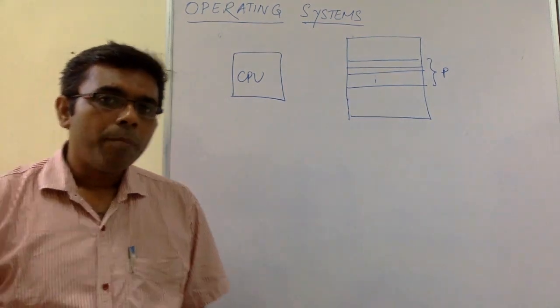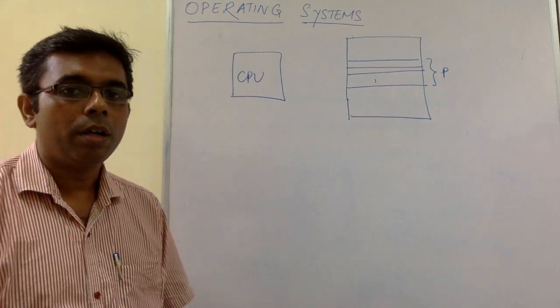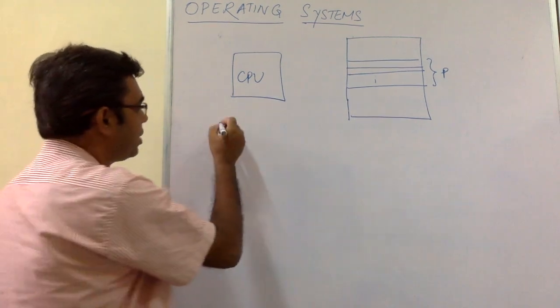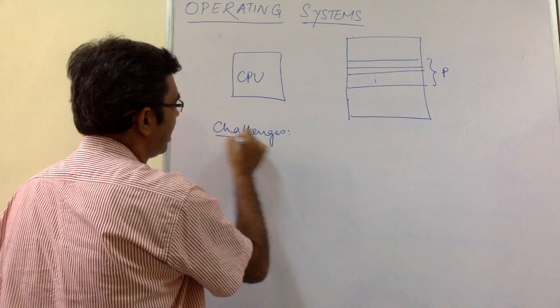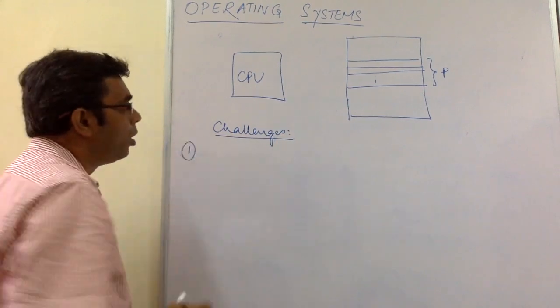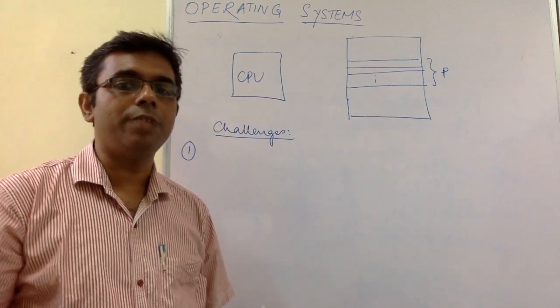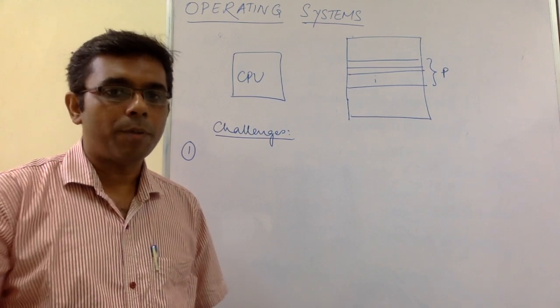But this bare machine model has its own challenges. What are the challenges that this kind of model faces? The first challenge is that as long as you have code that needs to be executed totally on the CPU, you don't have a problem.